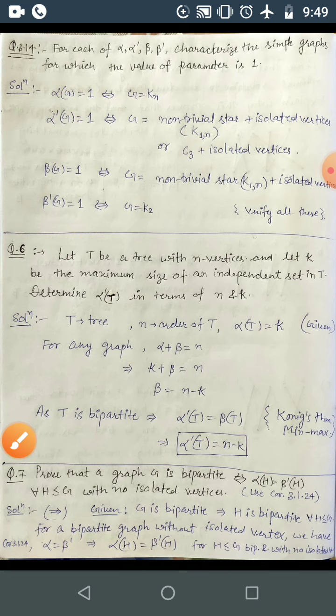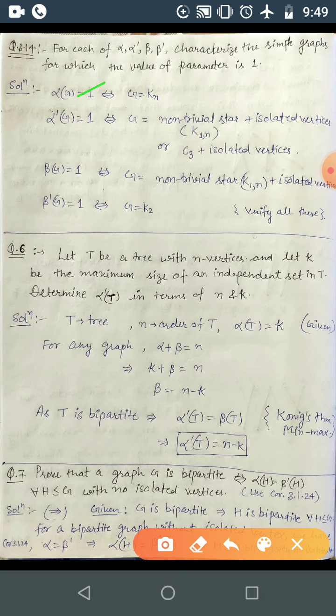Now you can directly use these results. Whenever G is Kn, alpha dash is 1. When G is a non-trivial star added with isolated vertices, alpha dash is 1, or G can be C3 with some isolated vertices, then also alpha dash is 1.